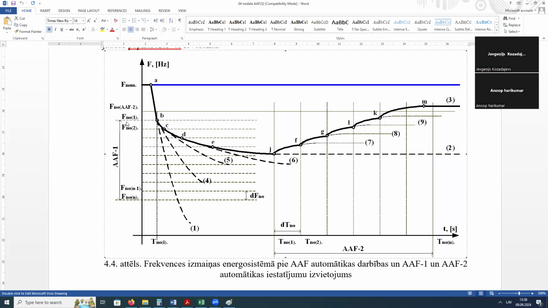If in one step we could disconnect the right value of load, this could be very good.